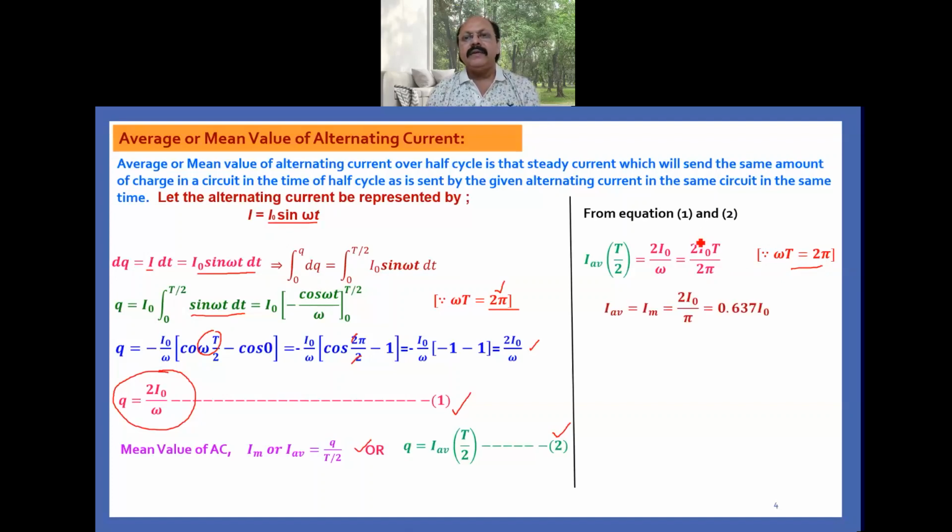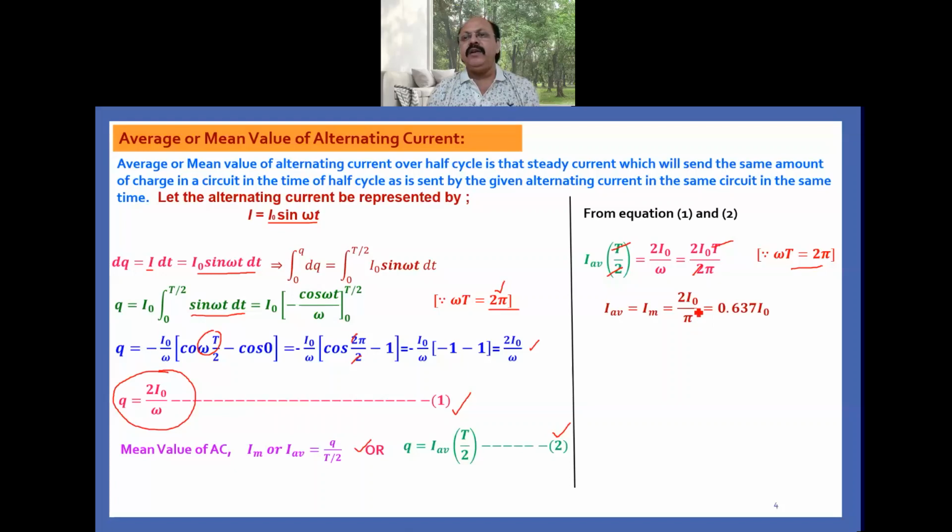You will get I average or I mean equal to, you cancel this 2 and this 2. So what you will get here? 2 I naught upon pi. Of course this T also gets cancelled. So finally you have I average equal to I mean equal to 2 I naught upon pi.